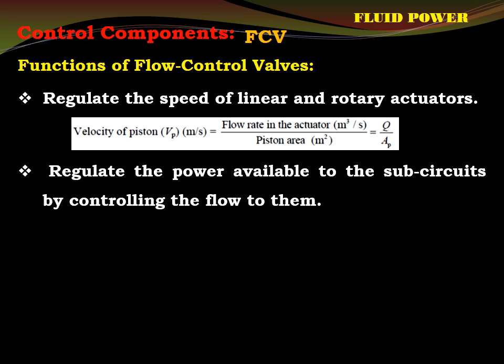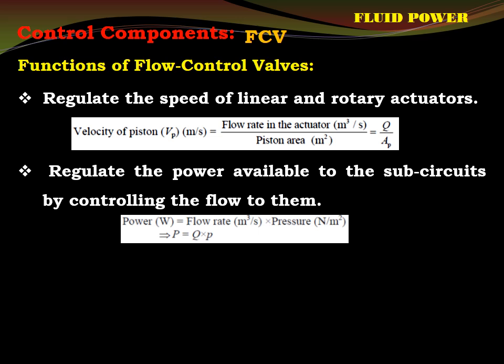Whatever the flow rate delivered by the constant displacement pump, an FCV fitted in any branch of the circuit can control flow downstream of it, and thus the requirement of sub-circuits can be maintained.